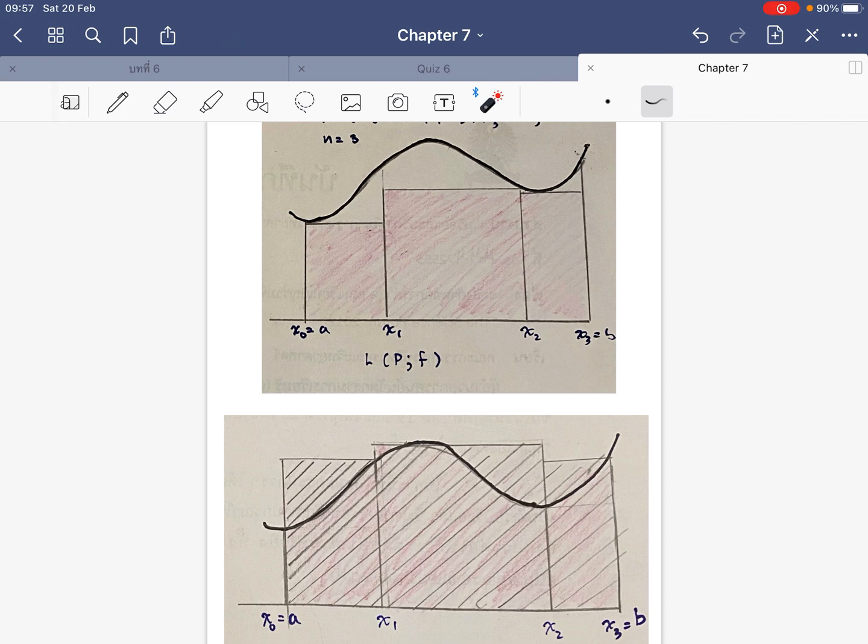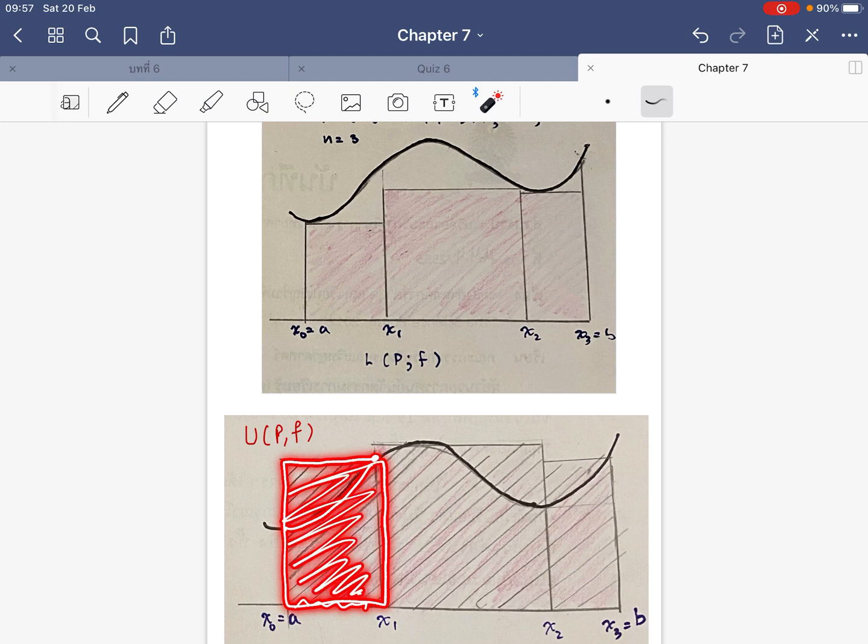However, this time we are going to find the upper sum, U(f, P), for this partition P. Over this interval you need to find which one is the supremum, and you can see that it's right here. So you draw a horizontal line and make it a strip over this closed interval, and you find the area of this strip.